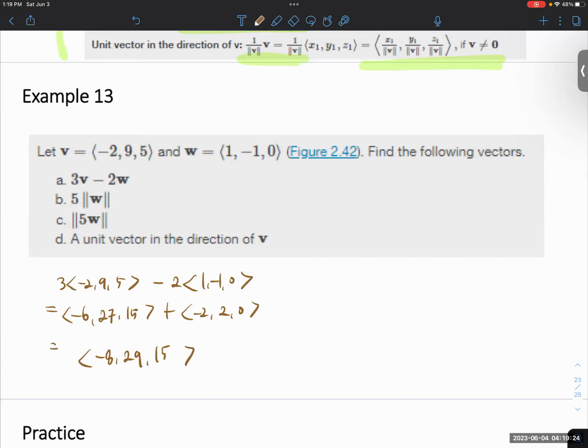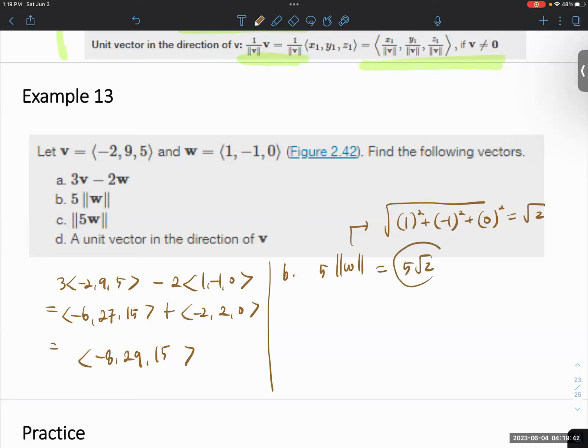Okay. What is B, right? For B, we have 5, and you need to find the magnitude of W. So this one will be 1 squared, negative 1 squared, 0 squared, which is radical 2. So you have 5 radical 2. That's the answer, correct?